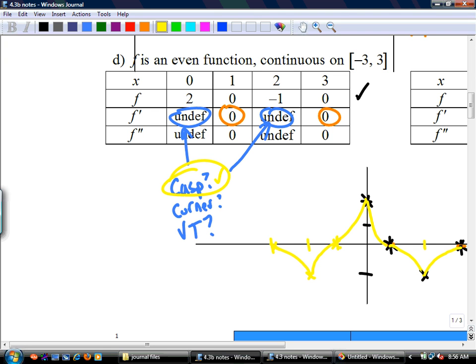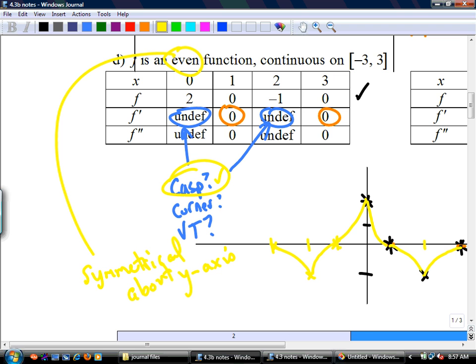But I didn't tell you that they were. What do we do, and why? Because it said even. Even means symmetrical about the y-axis. That wasn't bad, was it? See how this is kind of interpretive?